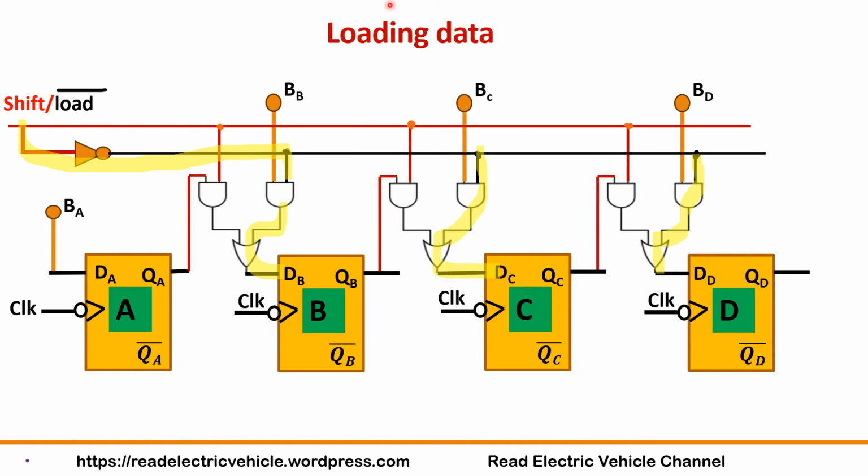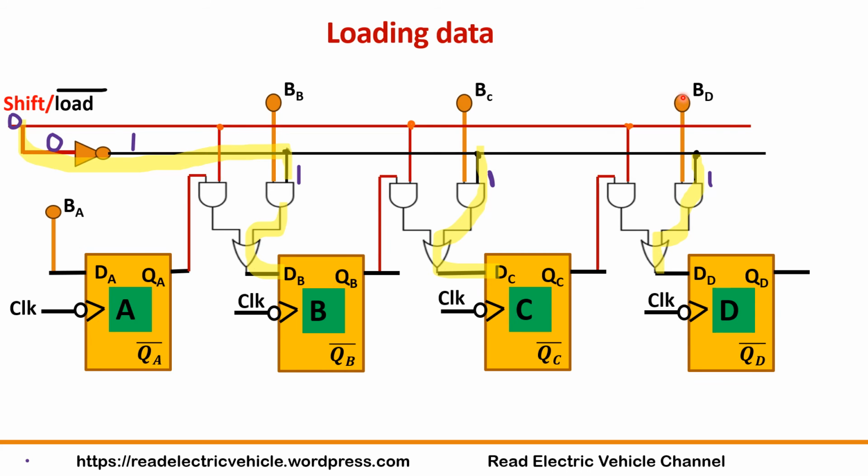First, for loading the data, I am giving a 0 here. So this brown line is 0, and the AND gates connected to it will be 0. Whereas for this load line, there is an inverter, so 0 becomes 1. All the AND gates connected to this line have a high signal.